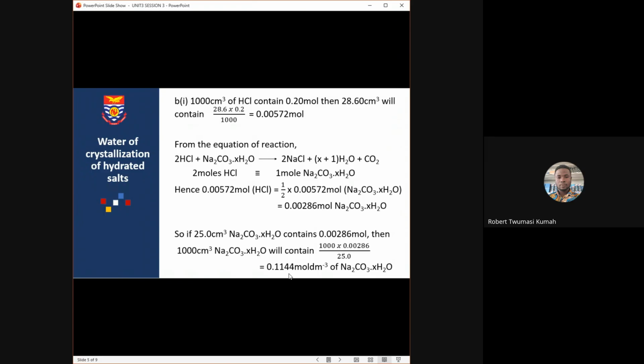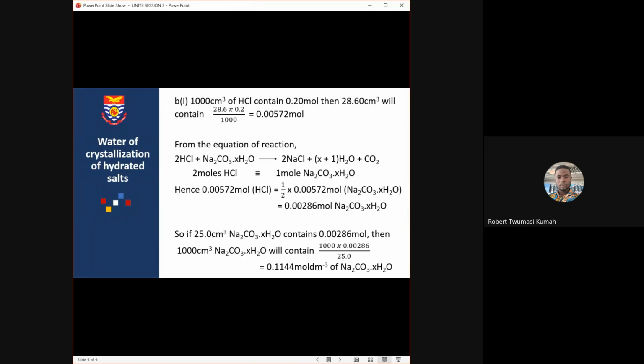Now, we need to find X. We can find it from molar mass. So what we can do is that we can find the molar mass from here, from the amount concentration. Then we'll equate it to the molar mass of this using the relative atomic masses. X will now be standing alone.